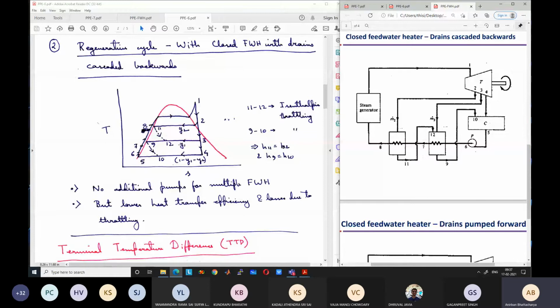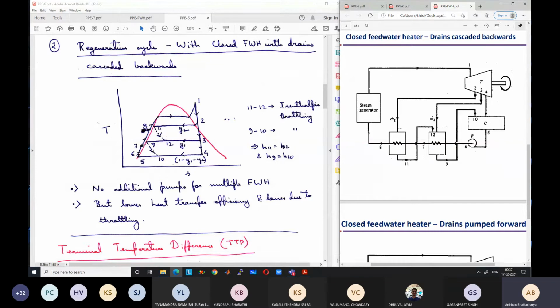Is it clear? So this is the total energy lost by the steam that is present in the shell, equal to the energy required for the temperature rise of the feed water.